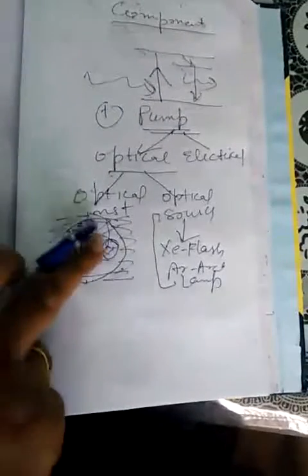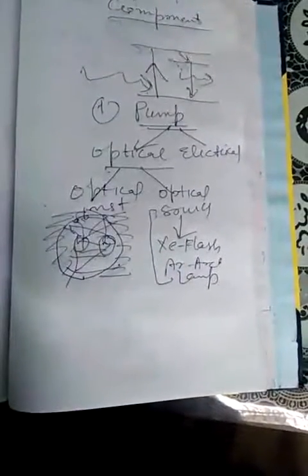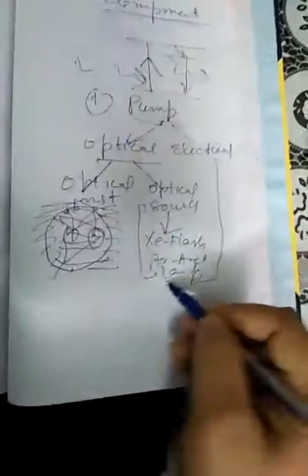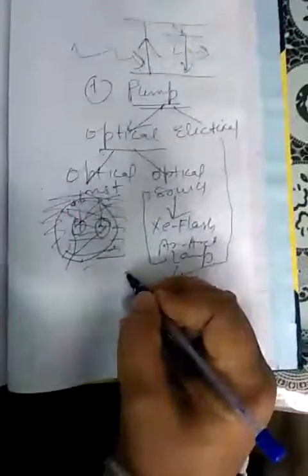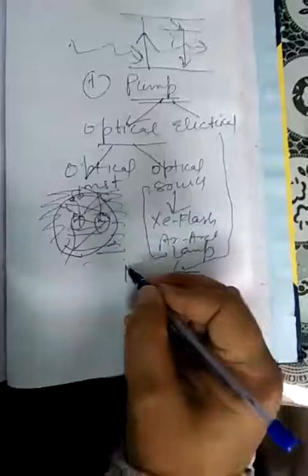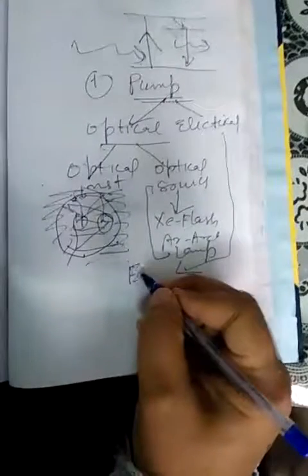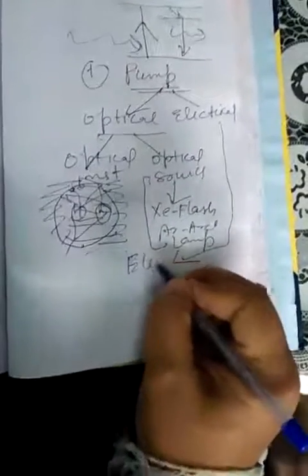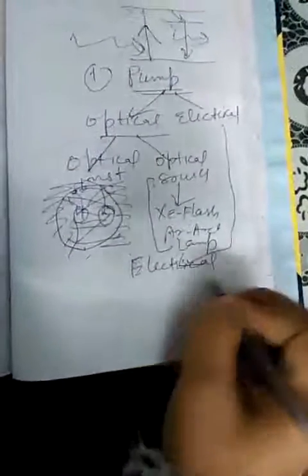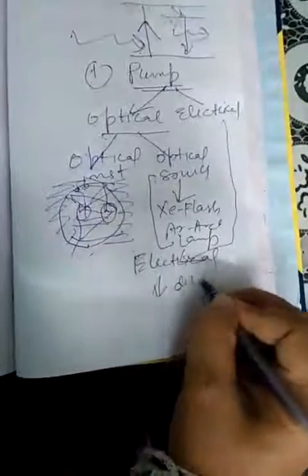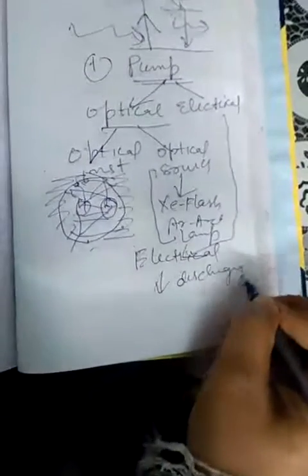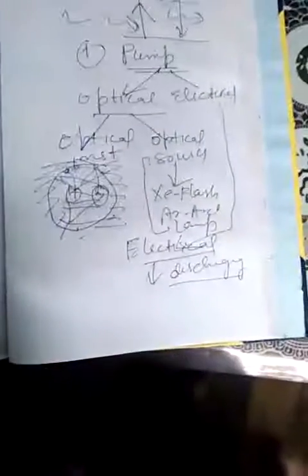So the absorption can be done by an optical instrument or by using the xenon flash tube or argon arc lamp. But in some other cases, another kind of pumping is required, that is for gas lasers, an electrical pump, which consists of electrical supply or discharging of gas. Discharging of gas can be done by a radio frequency source or any other source.